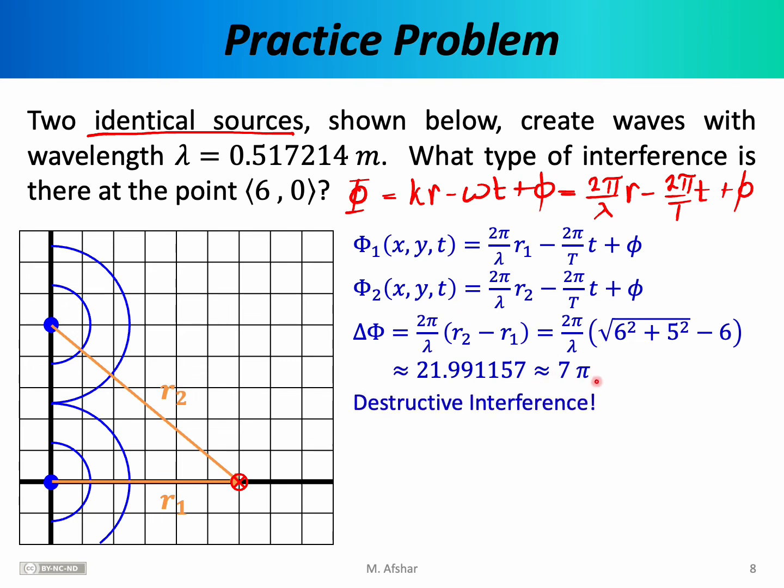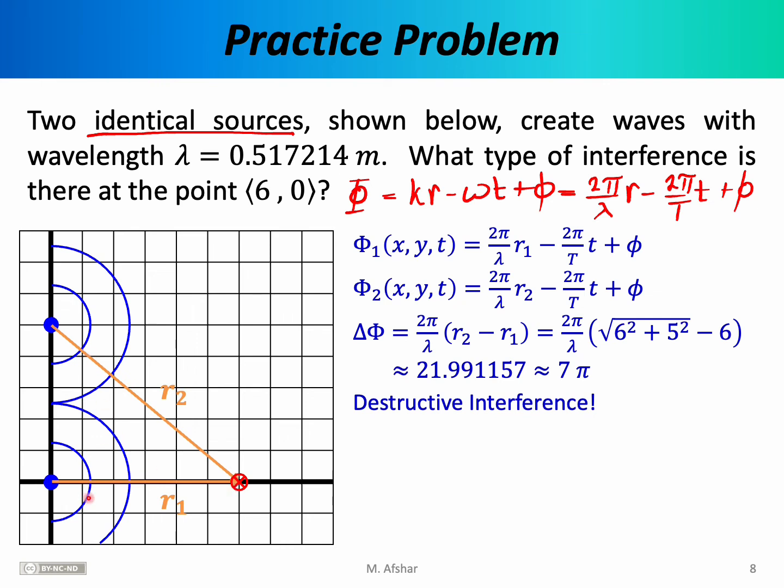Since we have an odd number times pi, we can say that the interference is going to be destructive. If this number had turned out to be, let's say, 22 times pi, we would say that's an even multiple of pi, and therefore the interference was going to be constructive. In this case, however, we have destructive interference. When these two waves arrive at the point of interest, they're going to destroy each other.